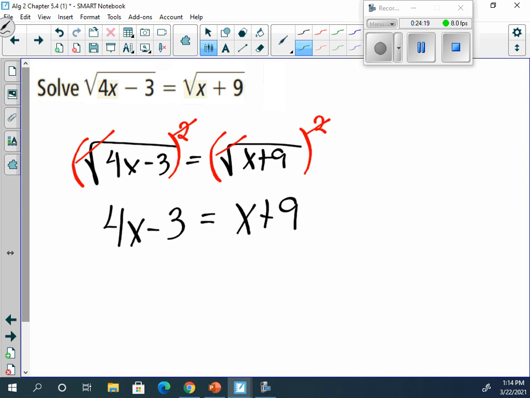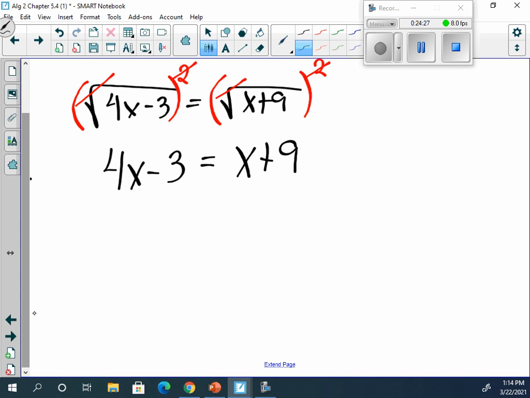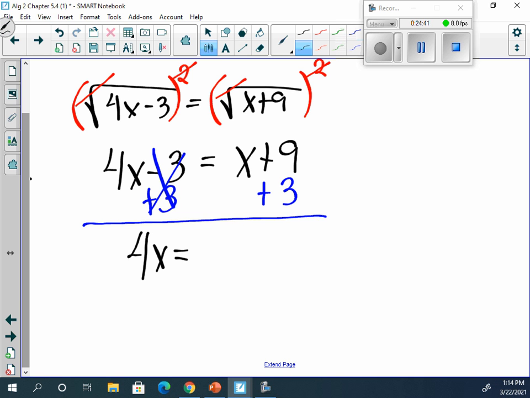Any questions on this here? All right, what can we do next? We can add 3 to both sides, because our negative 3 plus 3 will simplify, giving us 4x is equal to x plus 12.